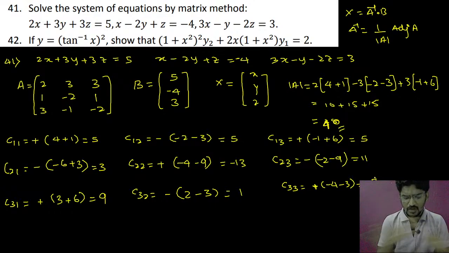Clear? If we get the wrong answer at the end, it is very tough, because the problem is lengthy and we will lose our confidence. So while solving matrices problems, be very careful.